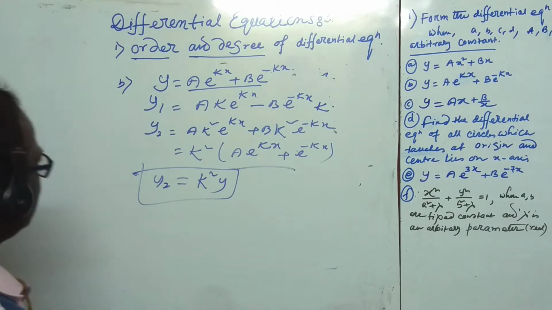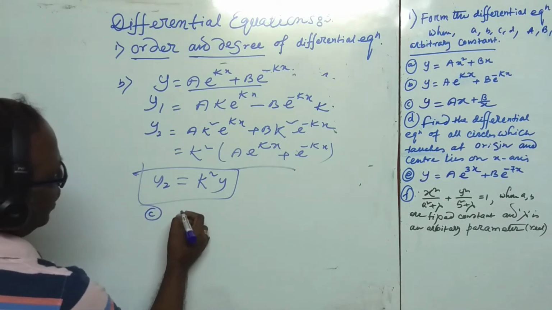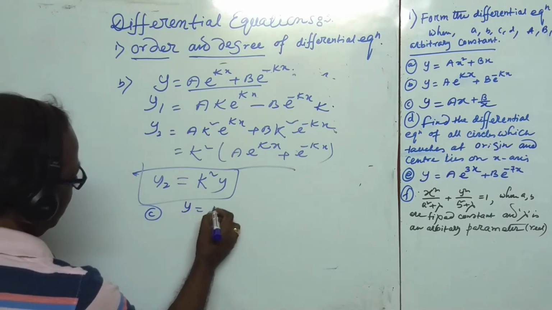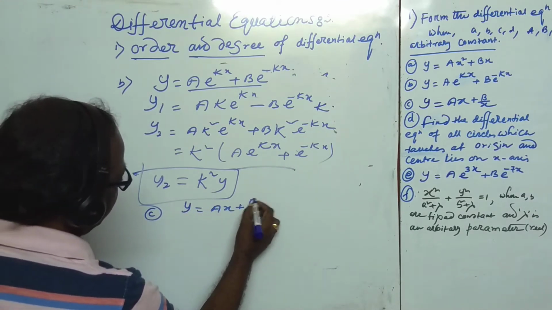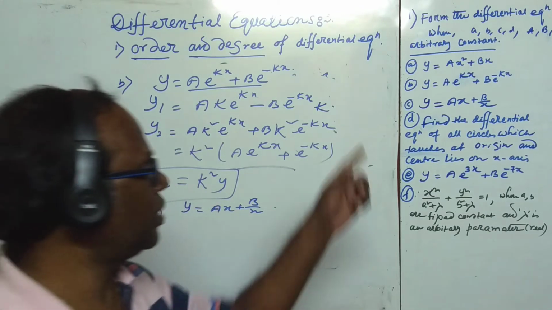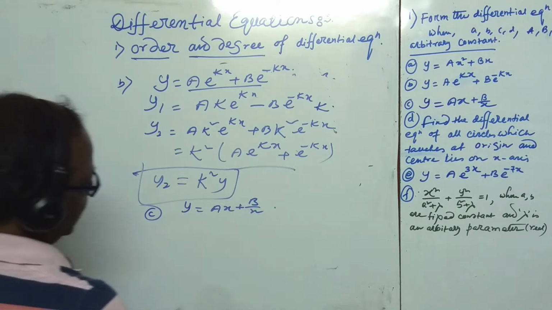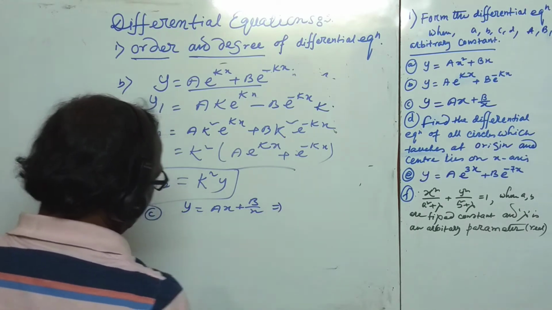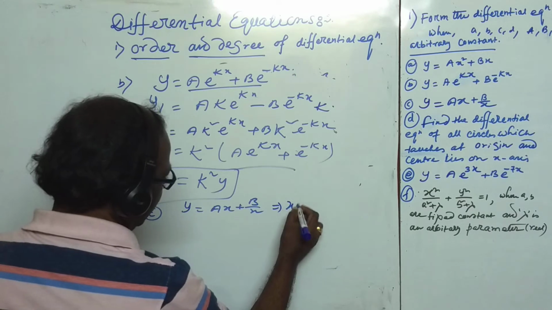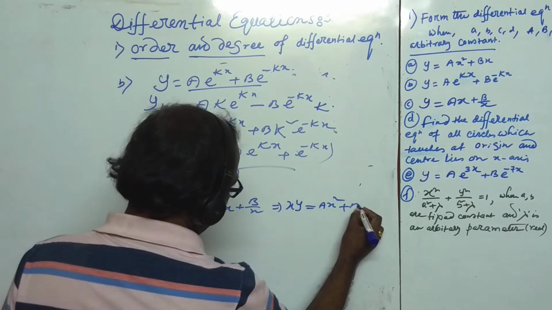See question number C. Here it is given y is equal to ax plus b by x, same as question number 1 part A. If we take an LCM of x, then b becomes free from x: x into y is a x square plus b.